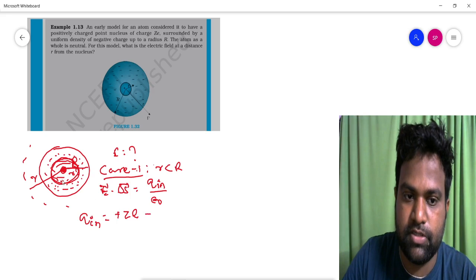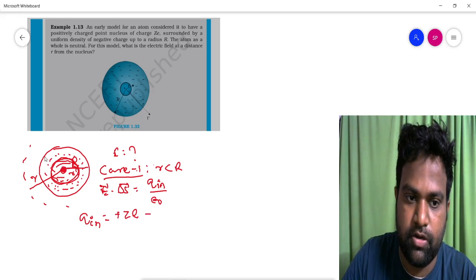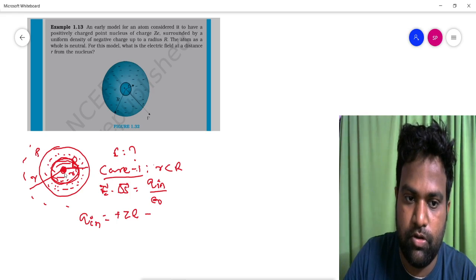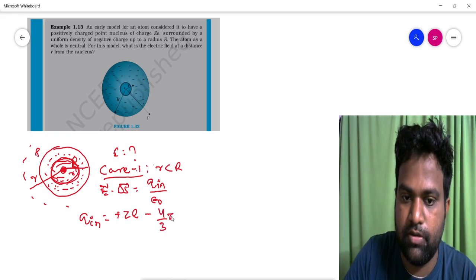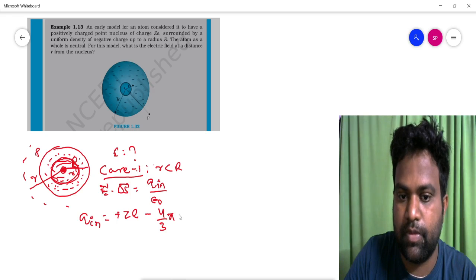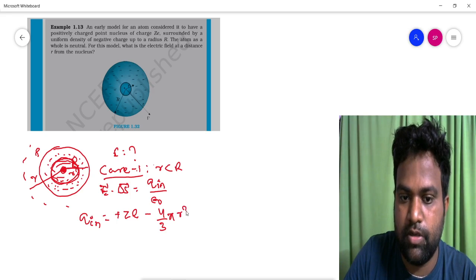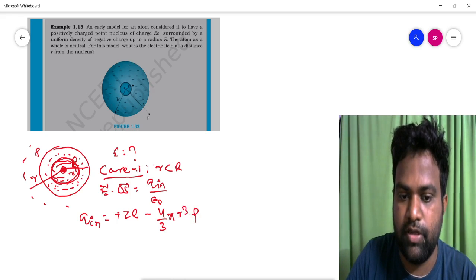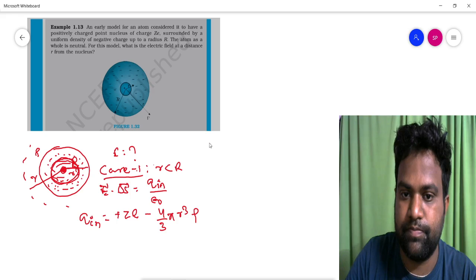And how many electrons are there? Let's say the density of the electrons is rho. So the volume of this small sphere is 4/3 pi r cube, into rho. Rho is the electronic negative charge density.